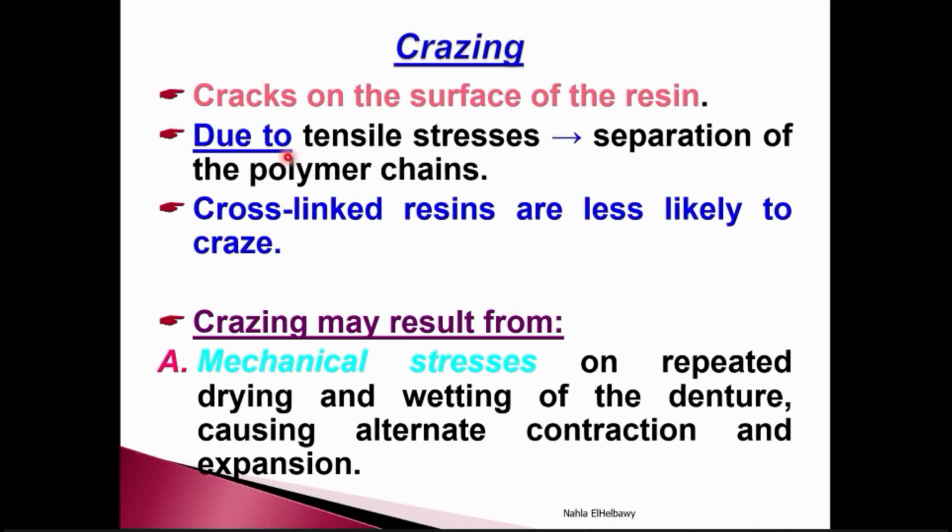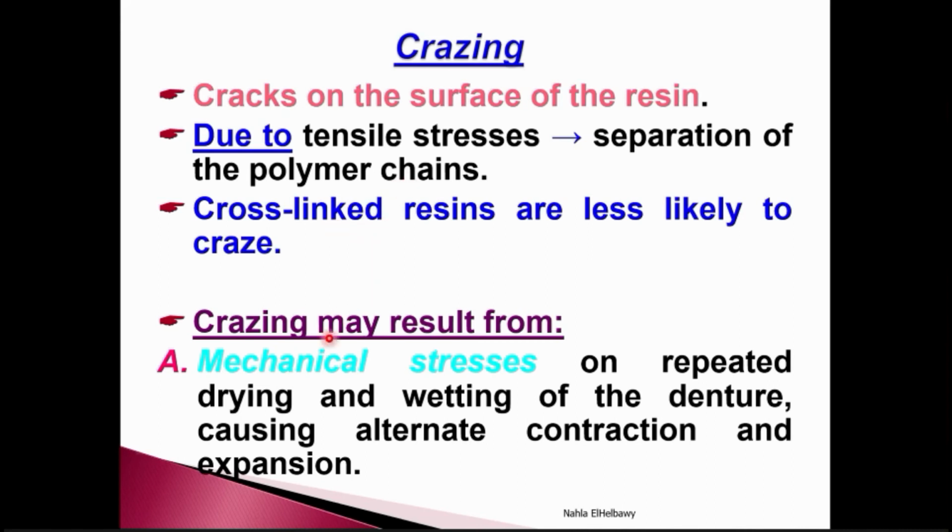Due to tensile stresses, there is separation of polymer chains. We will teach you in detail about cross-linked and non-cross-linked resins. But for now, just understand that cross-linking is a link between two chains. If two chains are linked, this is called cross-linked. So in cross-linked resins, there will be less crazing, but otherwise more crazing.